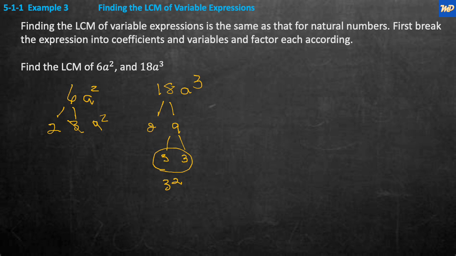We'll go ahead and just cancel this, and we use this 2. So 2 times 3 squared. And we have A squared here and A cubed here. Well, the largest power we have is the A cubed. There's 3 A's here, 2 here. So these are going to cancel, and we use the A cubed.